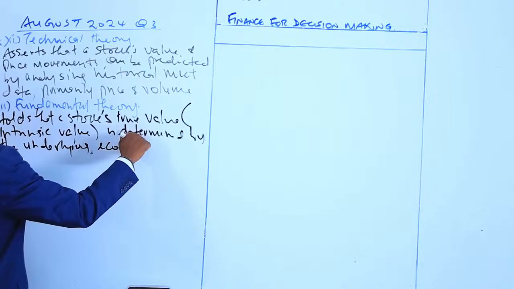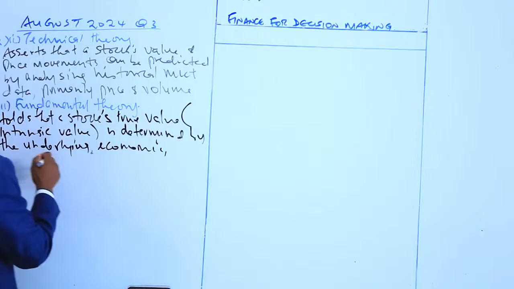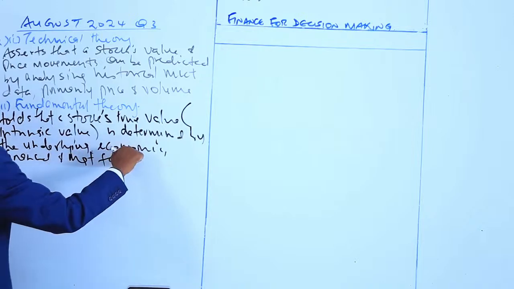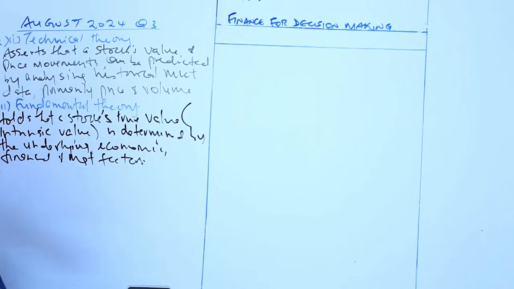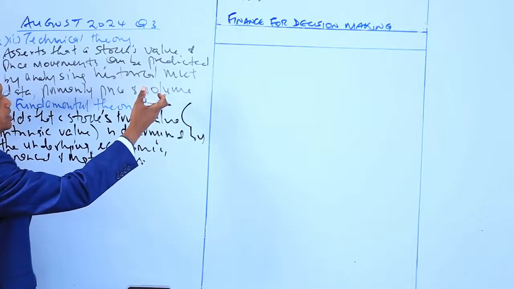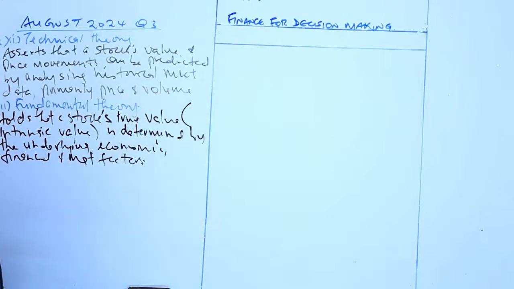We have economic, financial, and management factors. When dealing with this theory, you don't determine the value of a share by studying past historical market data. No, you look at the underlying economic, financial, and management factors of the company.